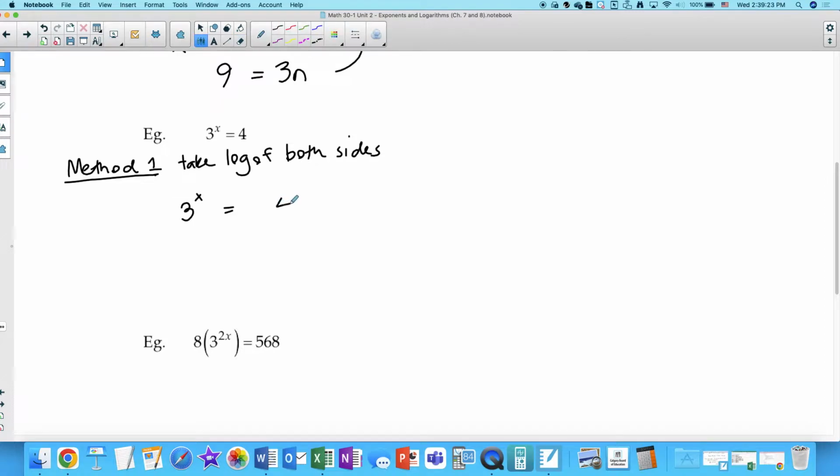I'm going to give myself some space. Then the log of 3 to the x should equal the log of 4. Now ultimately my goal is to solve for x, and right now it's still in the exponent position. So what's a step that I could take?